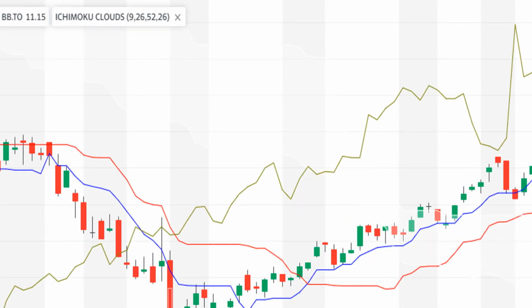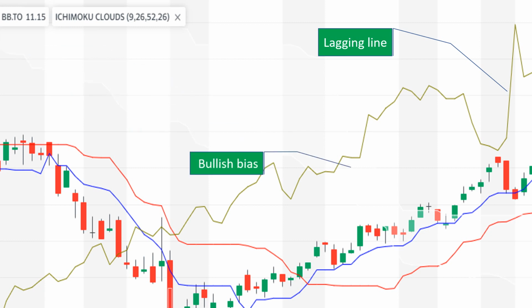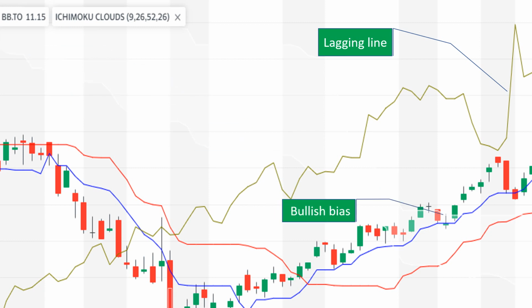The third component is the lagging span, otherwise known as the lagging line. Lagging line is typically used as a confirmation of signals, and also it shows the overview of the trend. When lagging span is above the price, it indicates a bullish bias and the trend is heading upward.